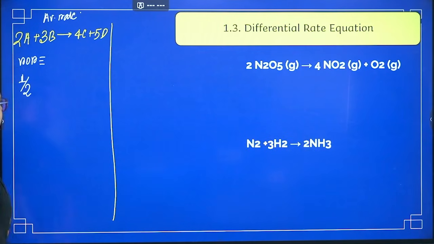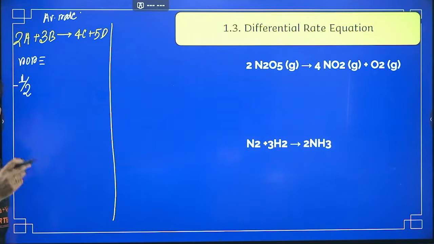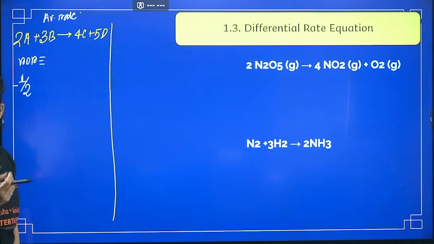Okay, and the one minus sign represents that the reactant will disappear. The negative sign implies that the reactant will disappear.